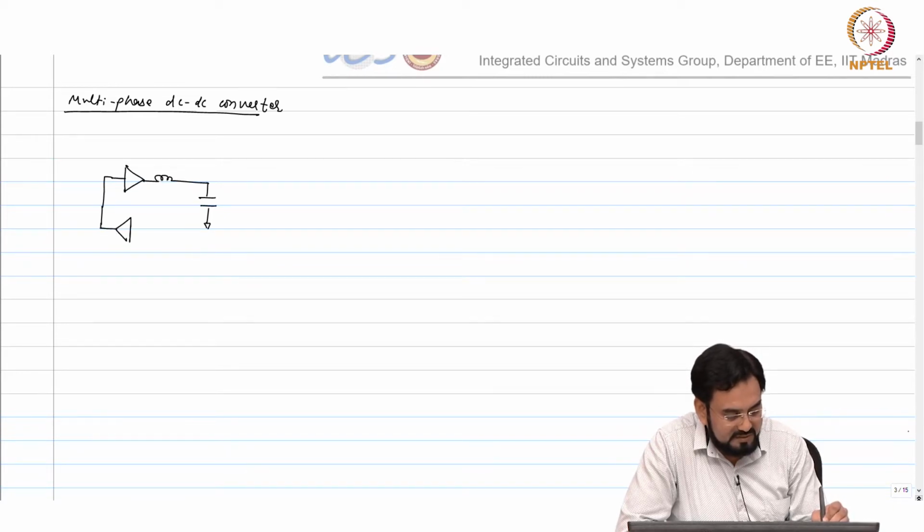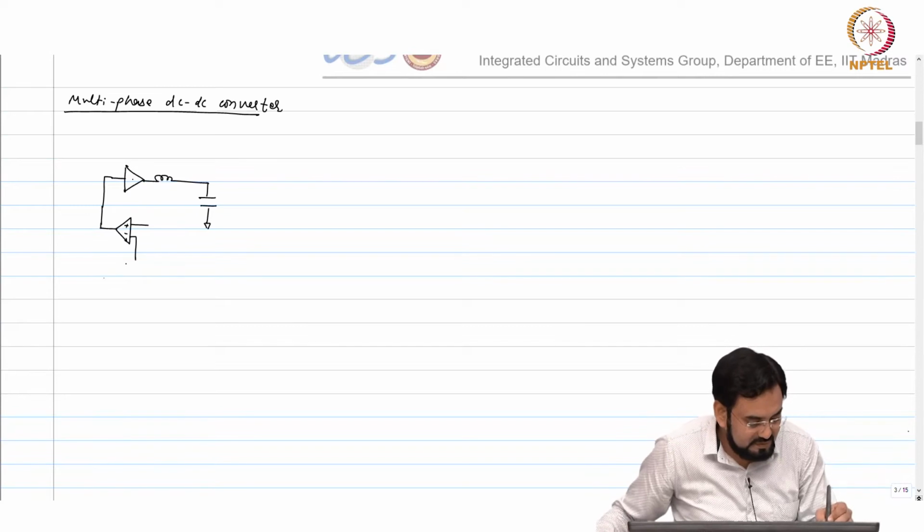So I am not drawing the complete gate driver. You can think about this is your driver. So this is your minus plus, ramp.